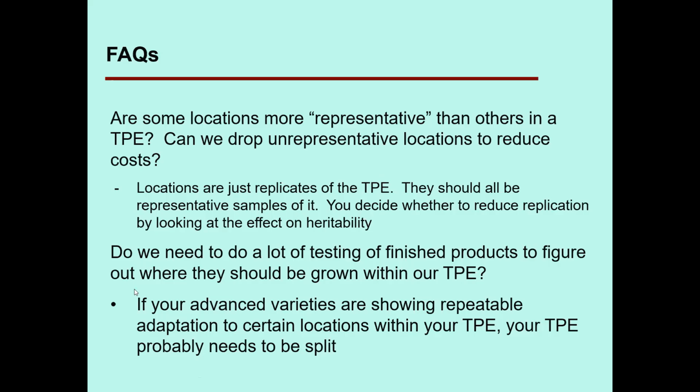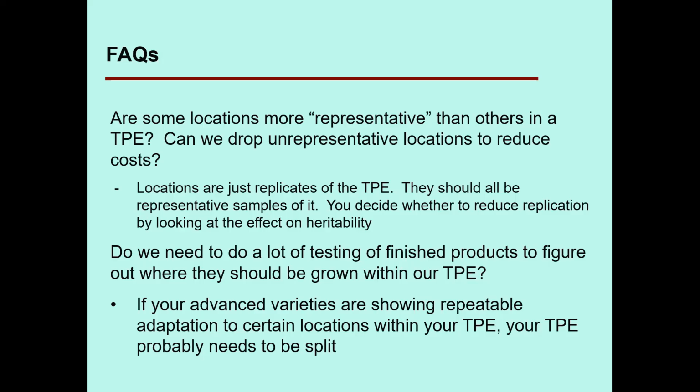Often people wonder whether they need to do a lot of testing of finished products to figure out where they should be grown within a TPE. Well, if your breeding pipeline is serving the whole TPE, you shouldn't have a lot of specific adaptation to the little niches within the TPE. That means your TPE isn't well defined. The purpose of late stage testing is not to find out where a variety is adapted.